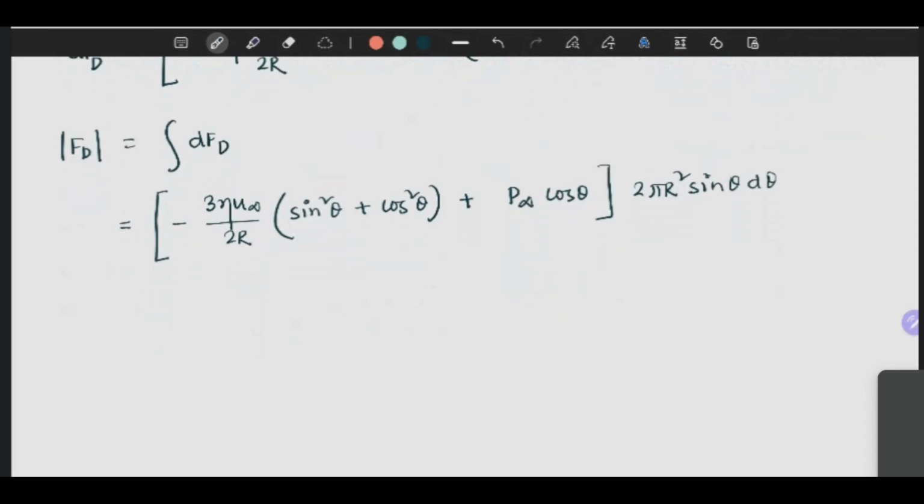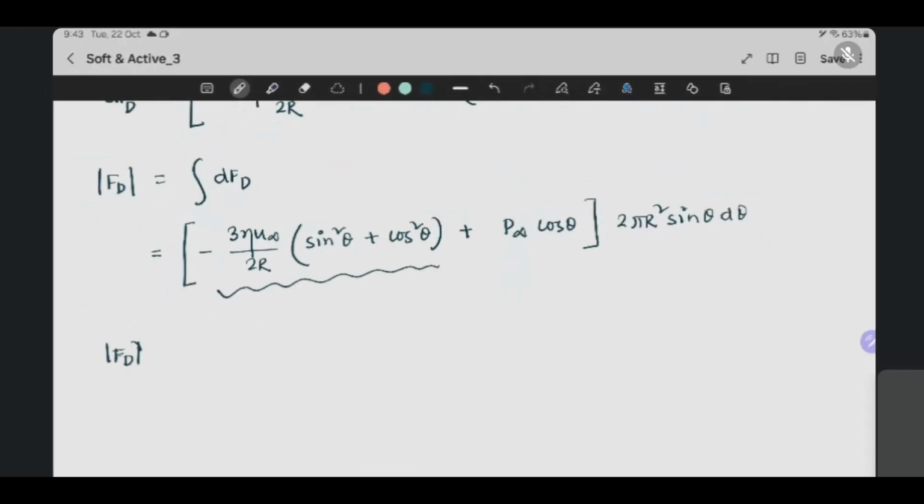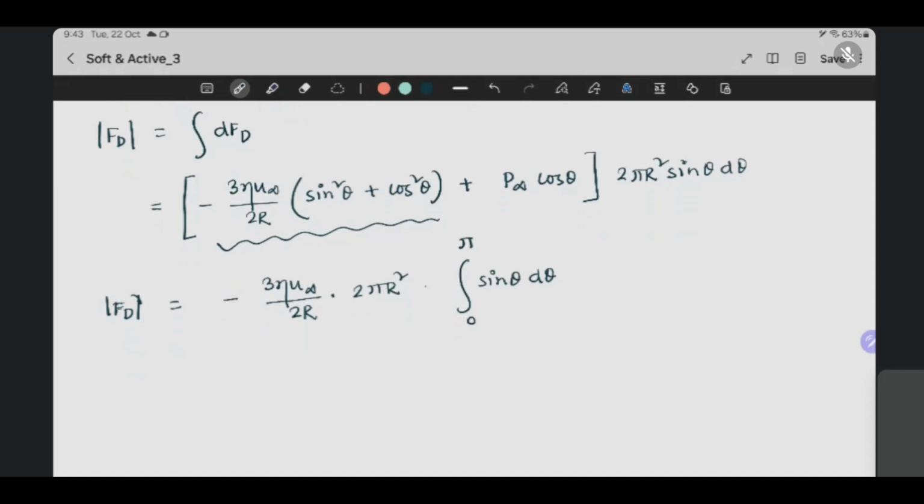Okay, so again this part makes it Fd equal to minus 3 eta u naught by 2r into 2 pi r square into sin theta d theta from 0 to pi.